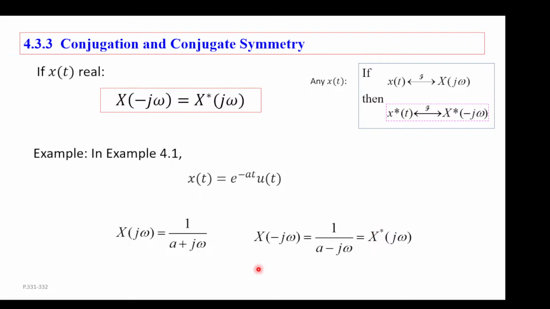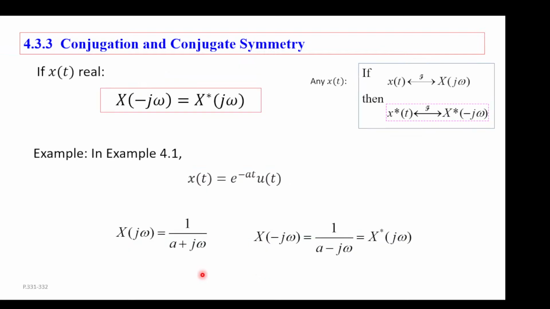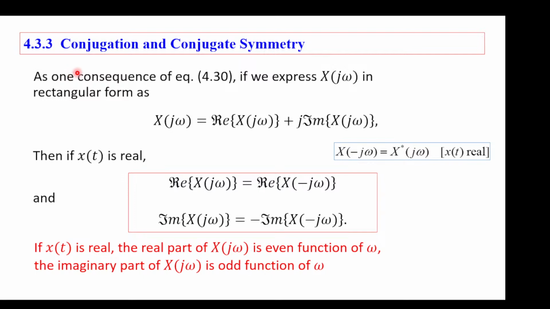And then we have a more complicated thing going on. So now we have a lot more analysis on what happens when x is real. If x is real, we can decompose big X in rectangular form, into a real part plus j times the imaginary part.